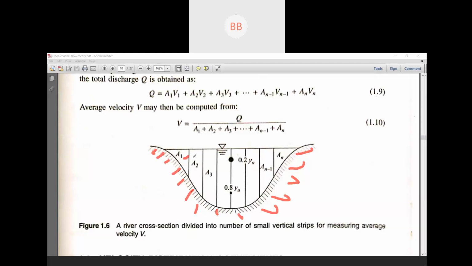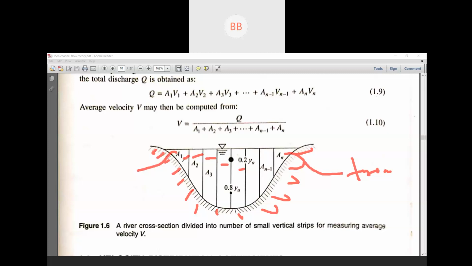So we divide into a number of sections. We are going to consider the first section and last section as triangular. To find the area of the triangular portion, we use half into base into altitude.